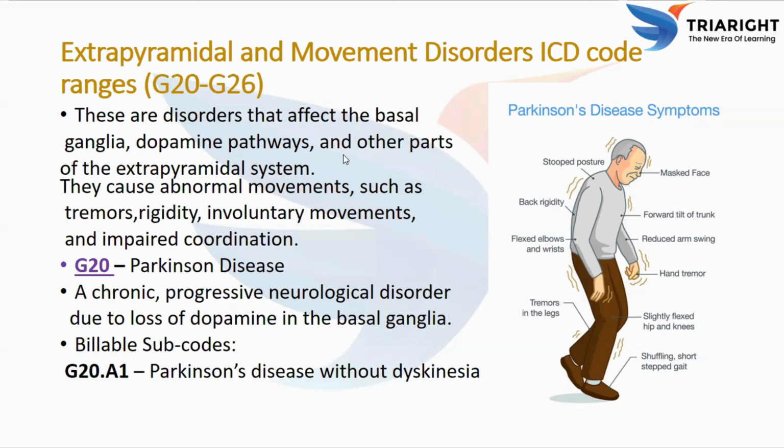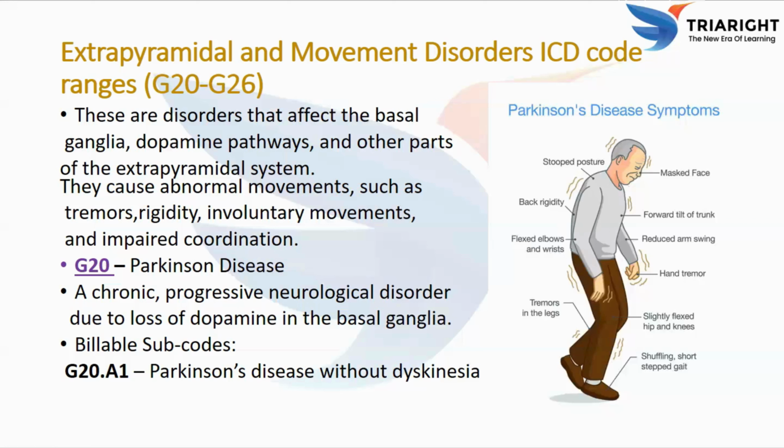They include the basal ganglia, the dopamine pathways, right? And also the other brain regions that control smooth body movements. So when these areas are damaged, people develop tremors, rigidity, which is nothing but stiffness, slow or reduced movements, involuntary movements, and also poor coordination and balance.